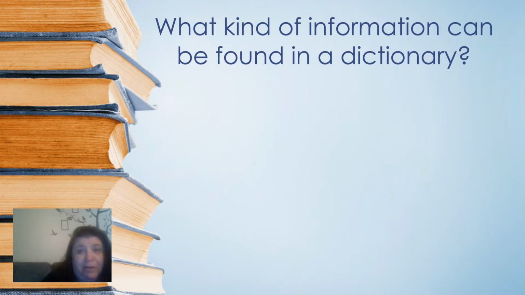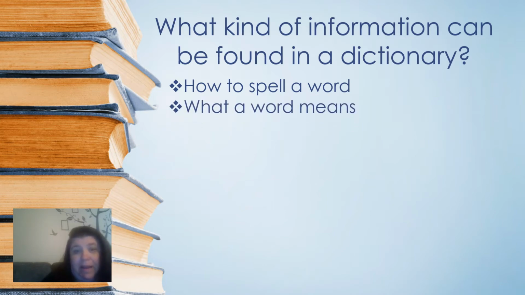So what kind of information can be found in a dictionary? First of all, we can see how to spell a word, and we can also see what the word means. How to say a word. It's got a pronunciation guide in there.